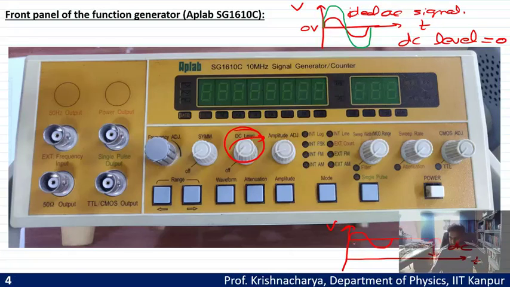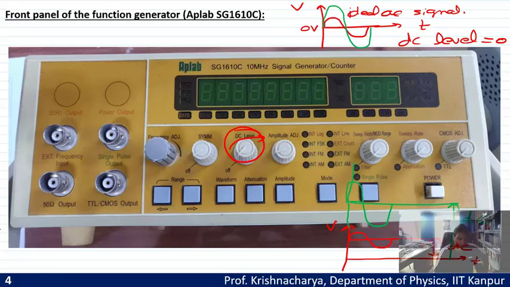But in this case, let's say the DC voltage is 2 volts and the gain is 5. So the DC level will also go to 10, since the gain 5 times 2 is 10. Now this is a new DC level, and on top of this new DC level, your amplified sine wave will sit. So in this case both your DC and AC are getting amplified. In the other case your DC is 0, so simply the AC level is getting amplified.